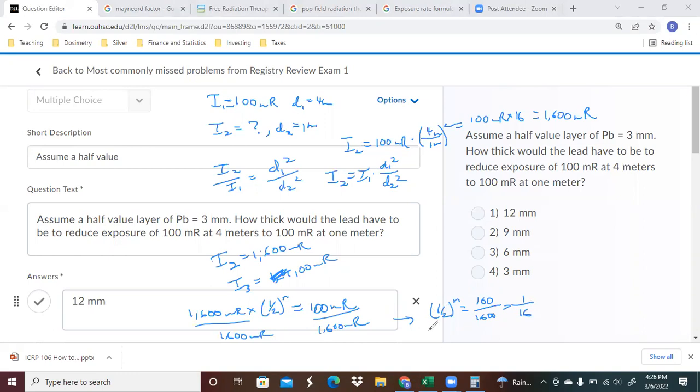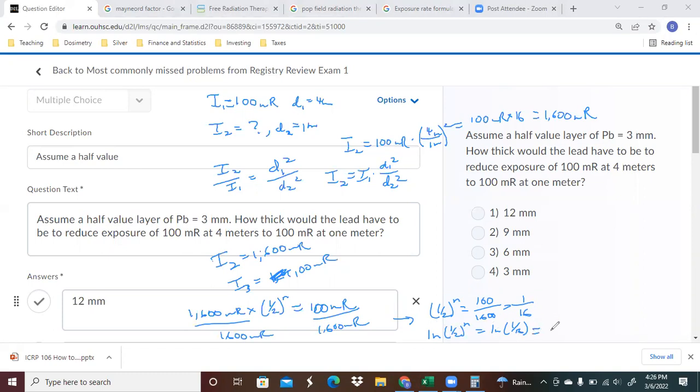If I take the natural log of both sides, then what this says is that I have the natural log of 1/2 raised to the n power is equal to the natural log of 1/16.